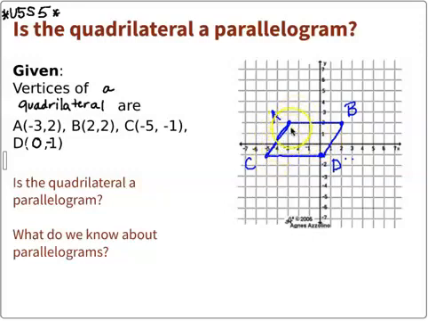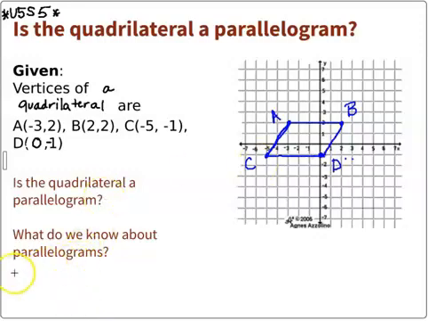That's kind of a lot of work because we would have to find the distance from A to C, the distance from B to D, make sure those are the same, and then find the distance from A to B and C to D and make sure those are the same. That's a lot of plugging information into the distance formula. However, you can do it because that is one of the properties, and if you are able to prove the opposite sides are congruent, you've proved it's a parallelogram.